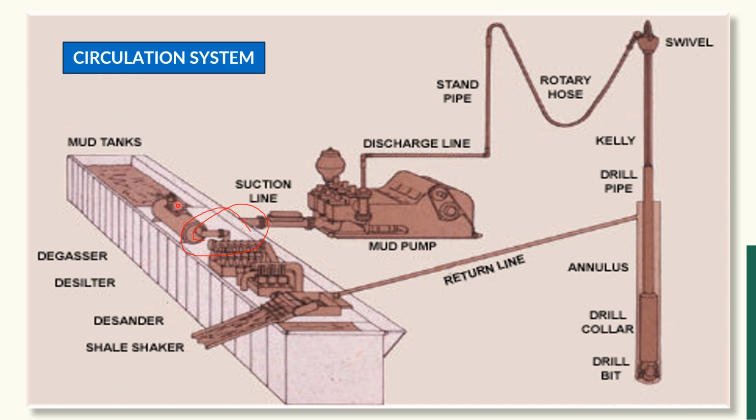If after testing the mud coming back from the bottom of the hole he finds the properties are not okay, then other chemicals and additives are mixed into this mud, so that the properties are as required for this drilling formation type, and this mud is used again. So this is a complete cycle of the circulation system.